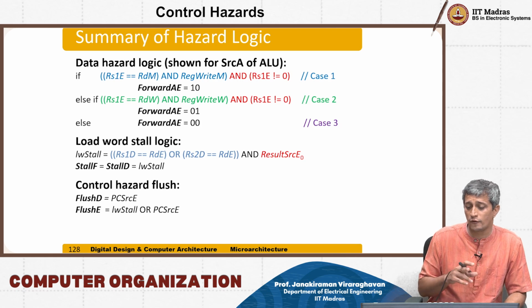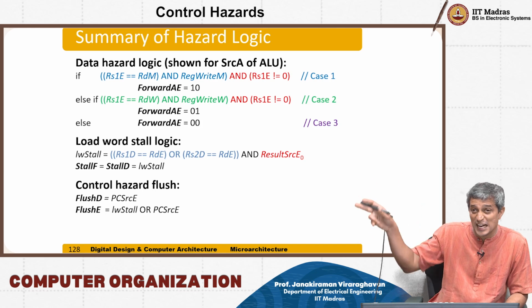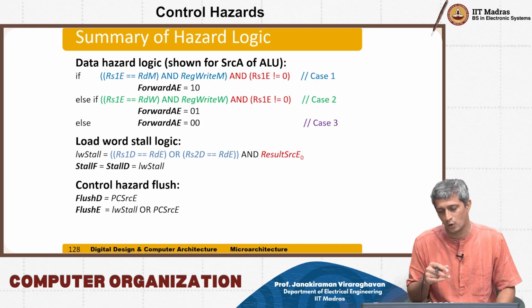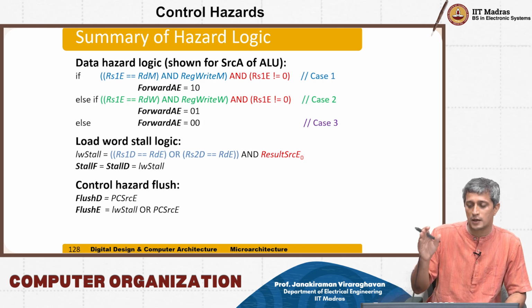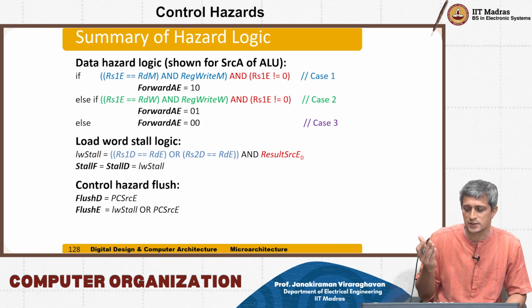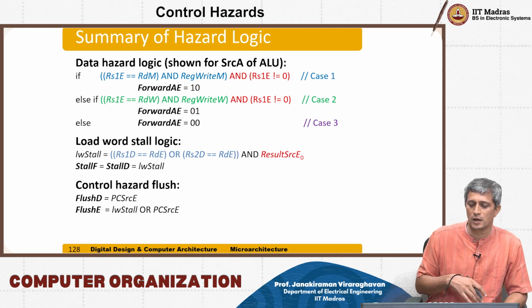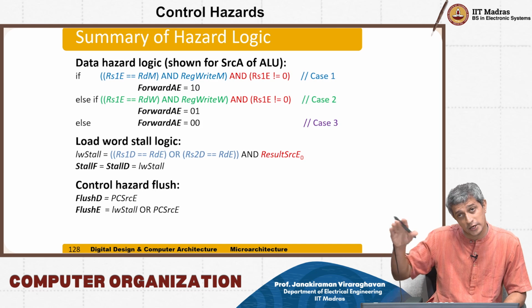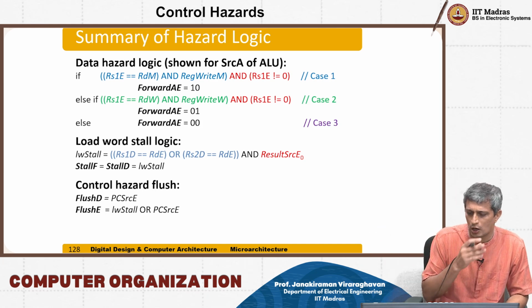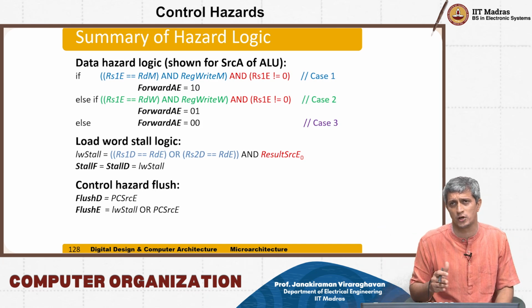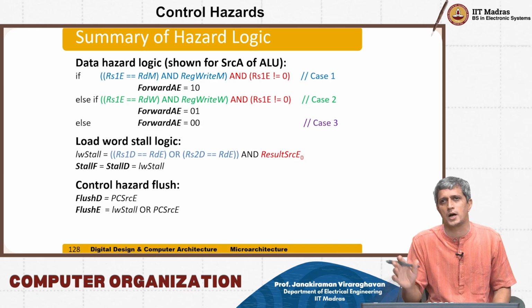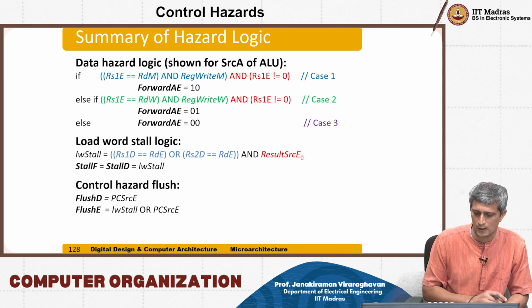On the other hand, if RS1E is equal to the destination register in the write back stage, and RegWriteW equals 1, and of course RS1E is not equal to 0, then ForwardAE equals 01. You are selecting the path from the data memory readout path. On the other hand, ForwardAE equal to 00 means you are not forwarding, you are just sending data in the normal path from the register file itself.